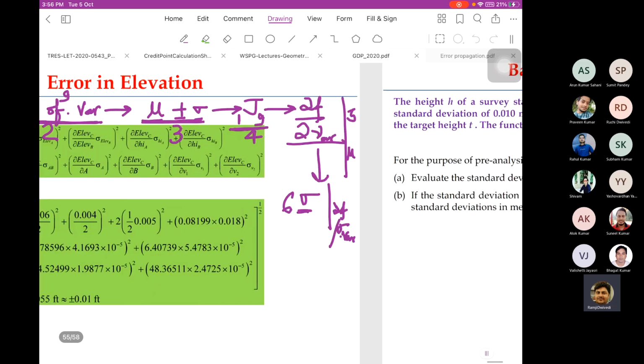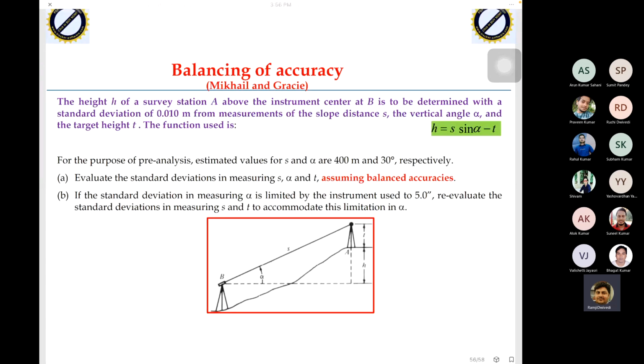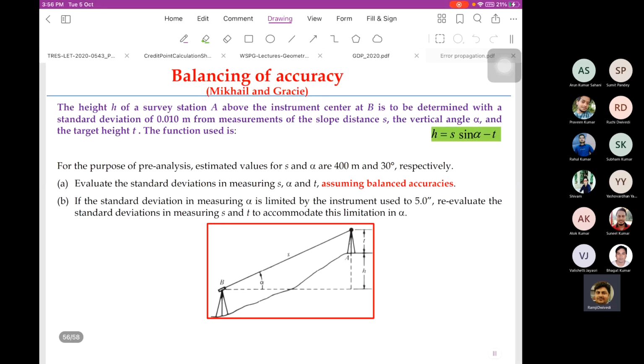Now the next concept is balancing of accuracy. In balancing of accuracy, our objective is first to tell you what the objective of this is. You can follow the detailed content from Mikhail and Gracie, but what I'm telling you is the requirement.